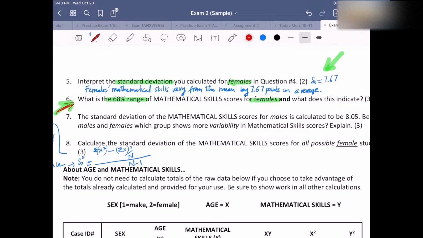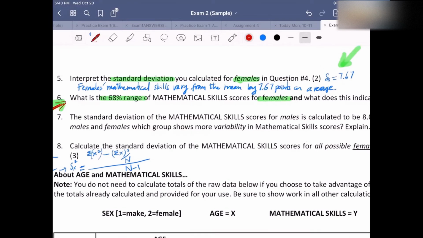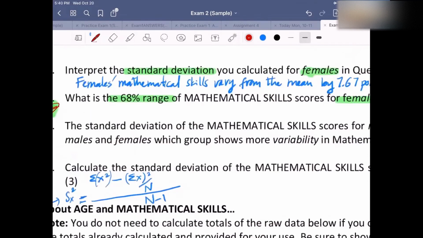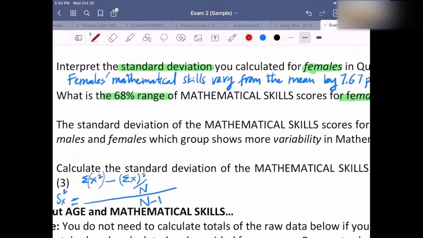It just means that they're asking about the value on the left of the mean and the value on the right of the mean of the range of the 68%. Okay, so if you draw the normal distribution, remember that for the empirical rule, we have to use it for the normal distribution. Okay? For other distributions, you cannot use the empirical rule.